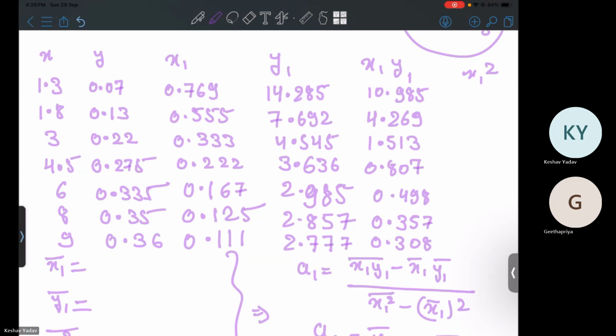0.769 square is 0.591. 0.555 square is 0.308.